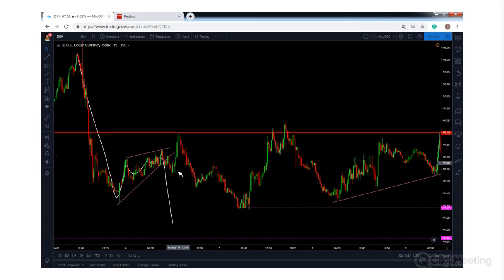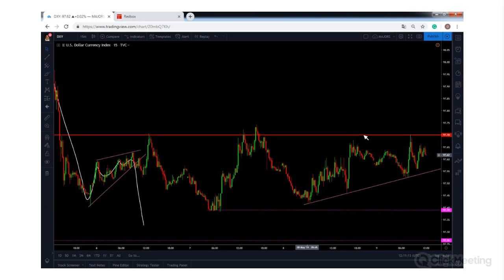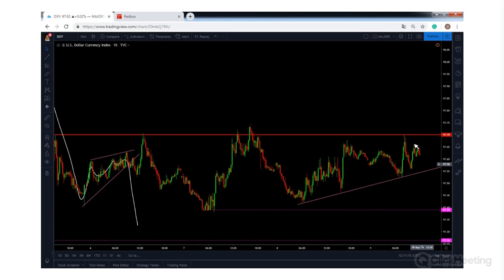But what happened is that we found buyers, and we tested the 97.70 level again. Then we went down and bottomed at around the 97.40 level, and we hit the 97.70 level again, once, twice, and then we went down. Right now we are in no man's land.